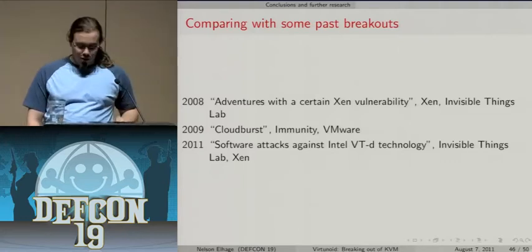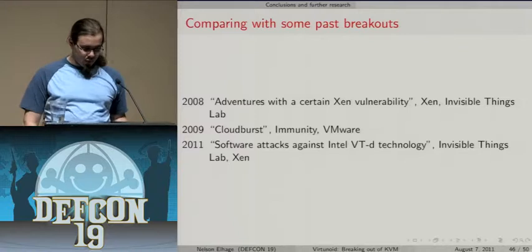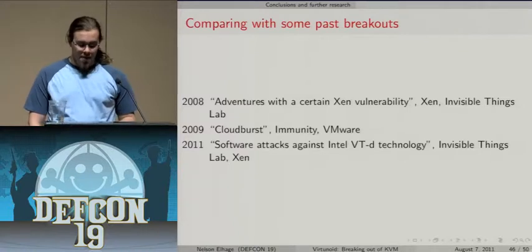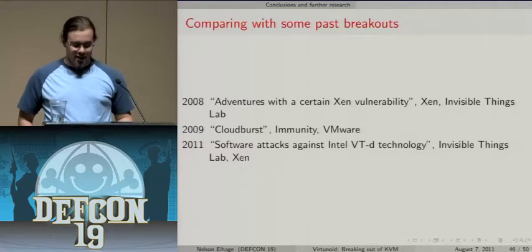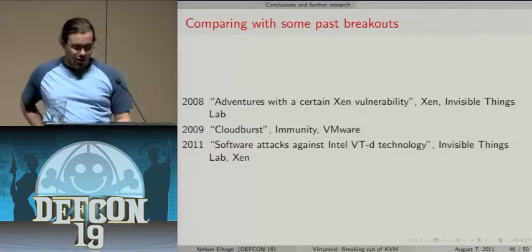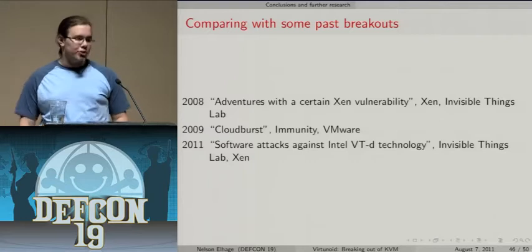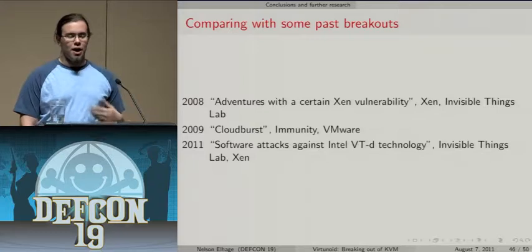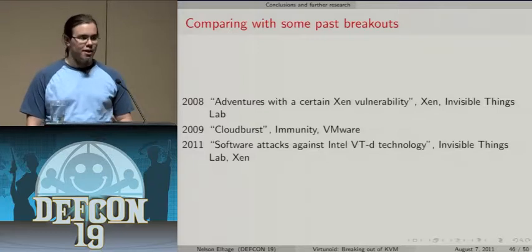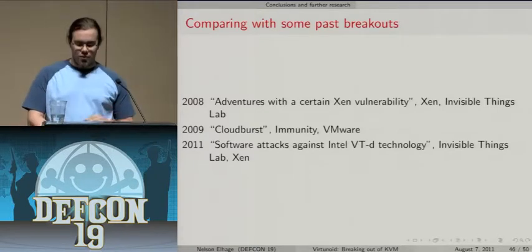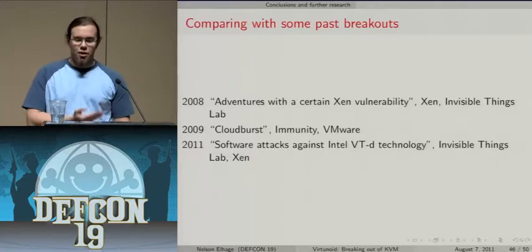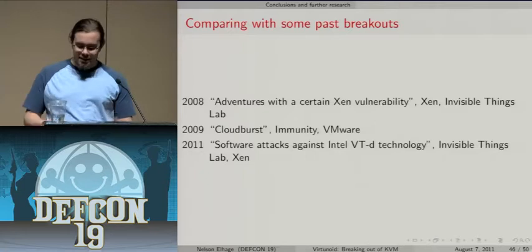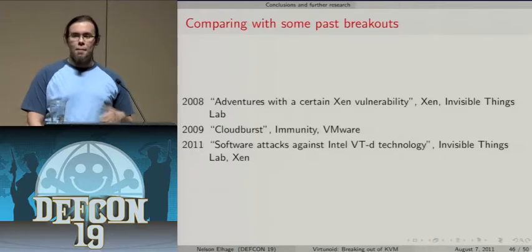And then just to give a sense of where virtual machines can get interesting, just earlier this year, Invisible Things Lab again put out another attack against Xen, but this one based on a bug in the way that Xen uses Intel's VT-d, which is the I/O MMU and hardware I/O protection technology. It turns out that there was a subtle bug in the way that interrupts were handled that actually allowed a guest to escape.